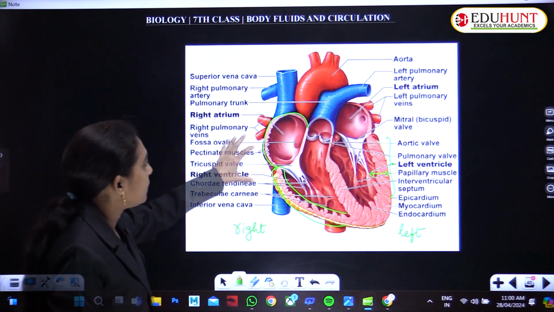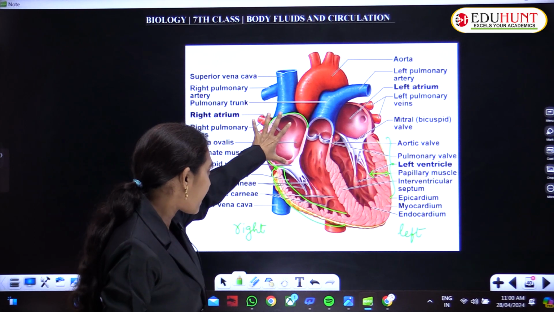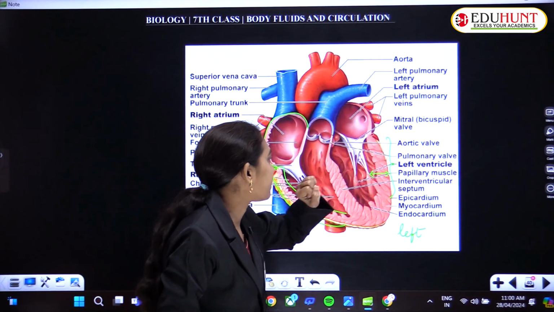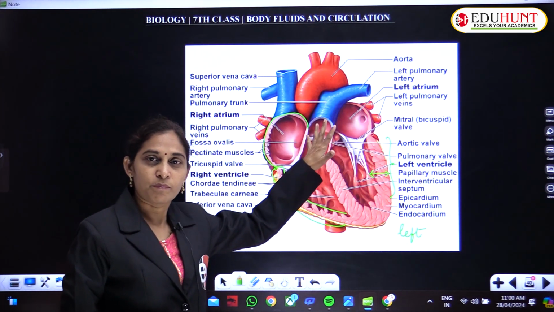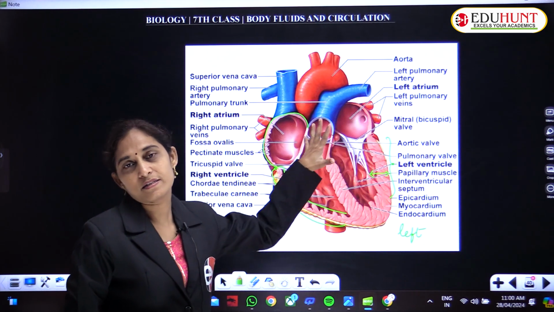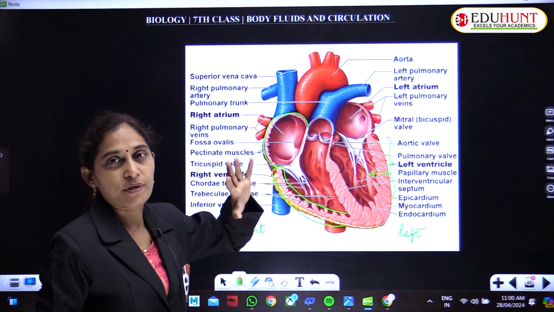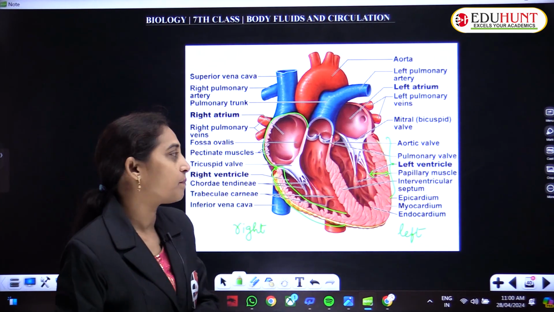Okay, left auricle, left atrium or the right atrium, left atrium, right ventricle, left ventricle. These are not mixed. These chambers do not get mixed. They are separate only. These are separated by separate walls, septa.